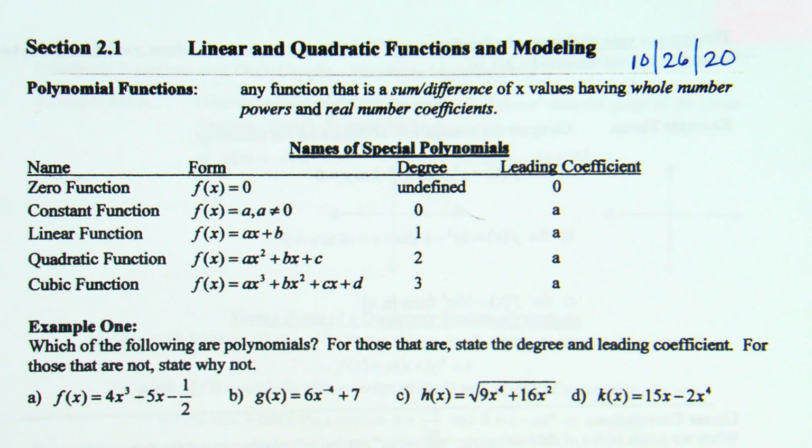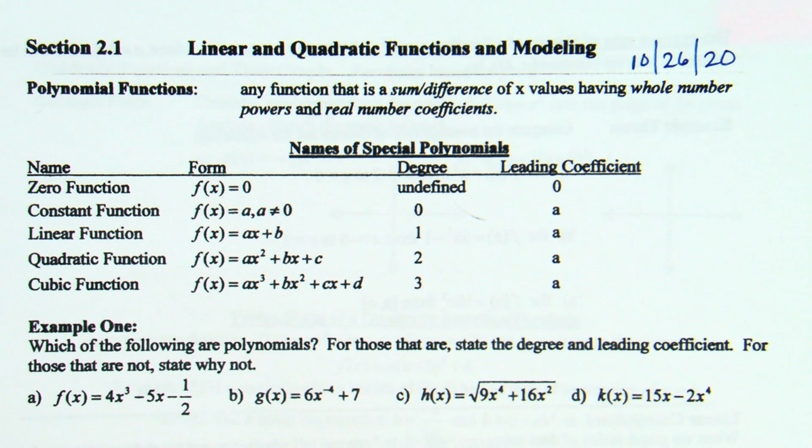It is the sum or difference, so it's terms that are added and subtracted together. Whole number powers, meaning in an exponent you can't have a fraction and you can't have a negative. So whole number powers, real number coefficients, no imaginaries. Okay? That's what we are looking at right now.